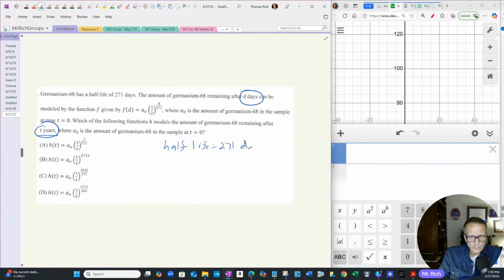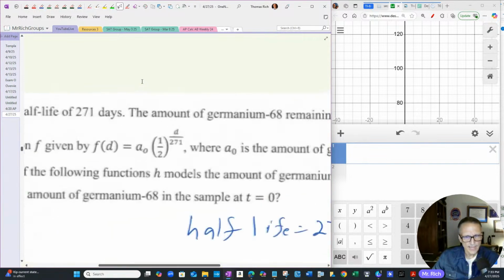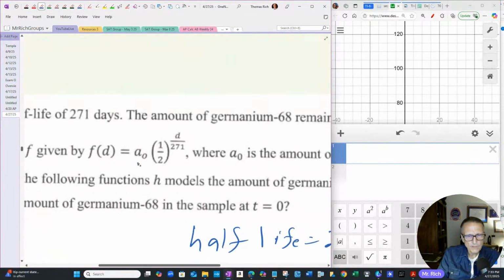Because I'm not going to see the first halving of the initial amount until d is equal to 271. On the 271st day, the amount that would be left would be 1/2 of what they started with.